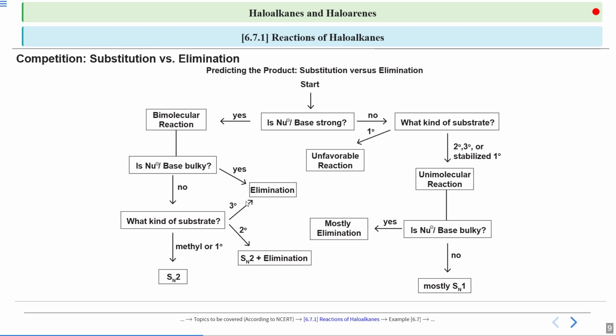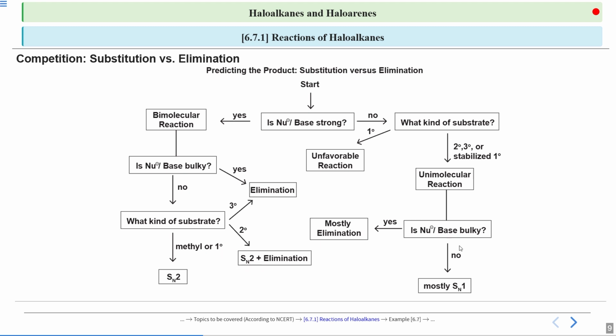So if your substrate is secondary or tertiary and your nucleophile or base is bulky, then the reaction will go via elimination. Okay, the SN2 mechanism will be followed when your nucleophile or base is strong and your substrate is primary or methyl.